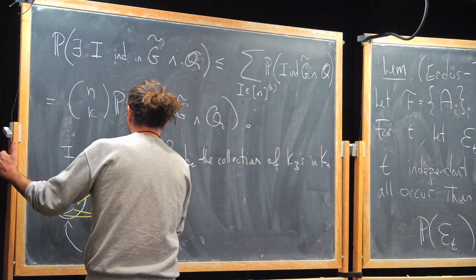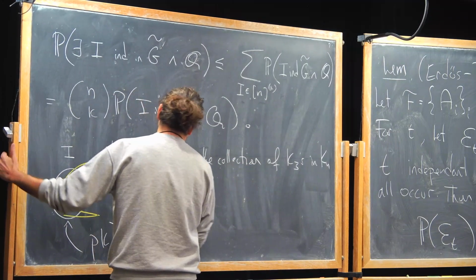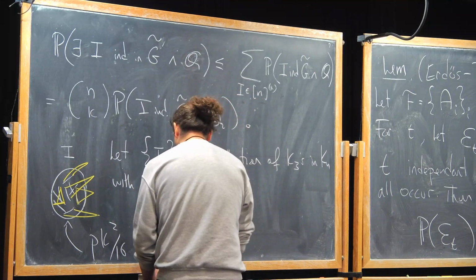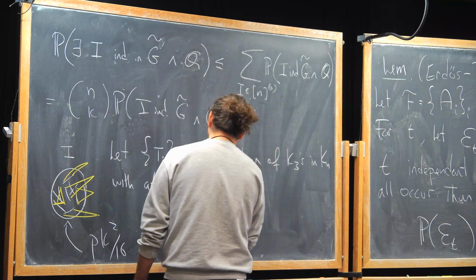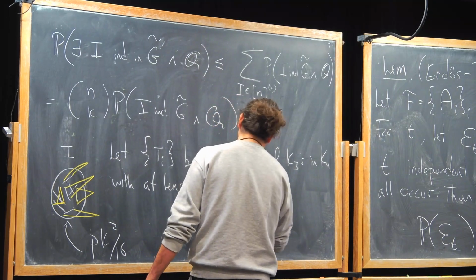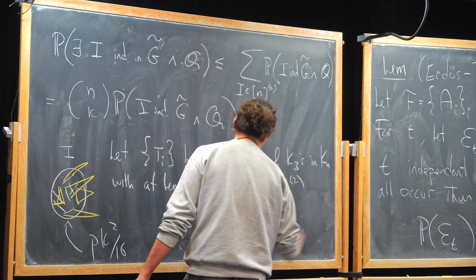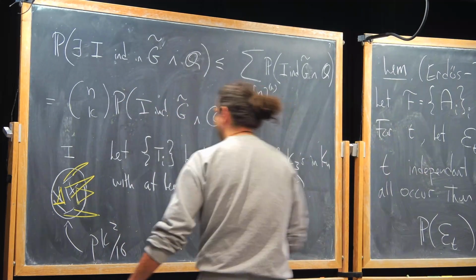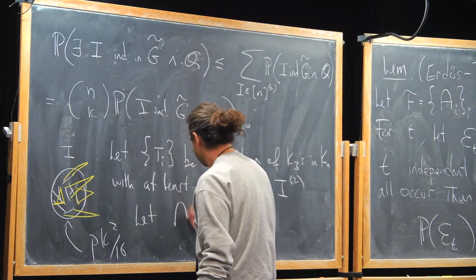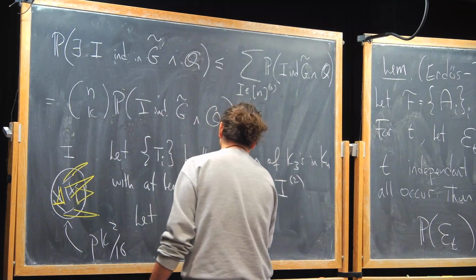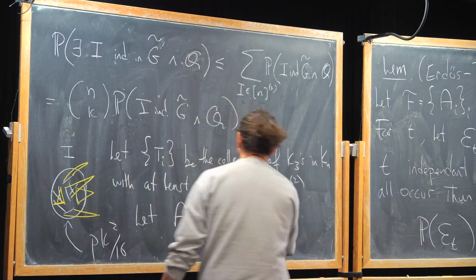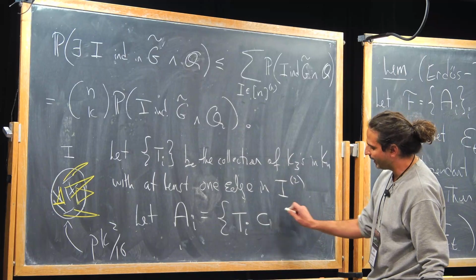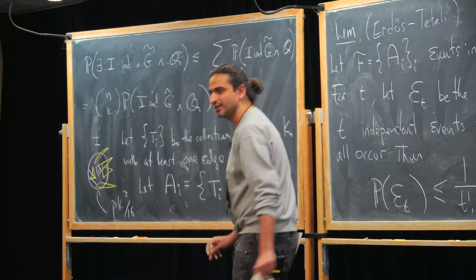So with at least one edge in I squared. Okay, and what are my events? They're quite natural now. Let A_i be the event that this triangle, T_i, was contained in your random sample G.